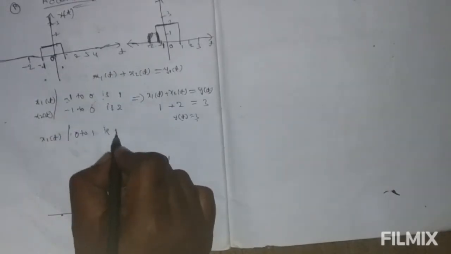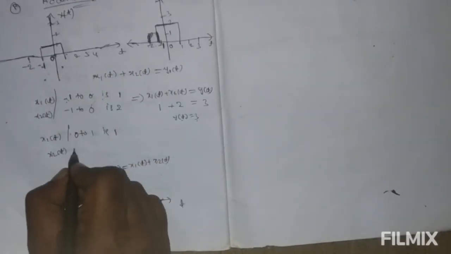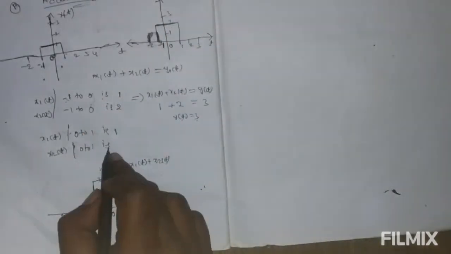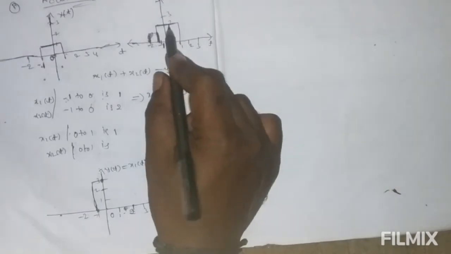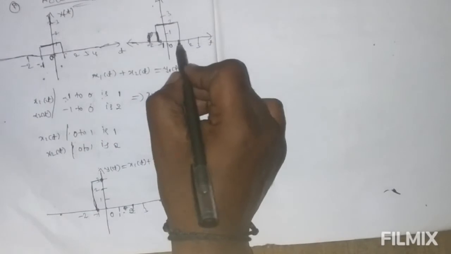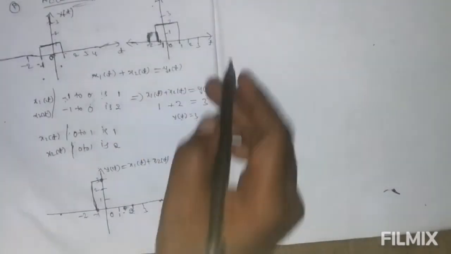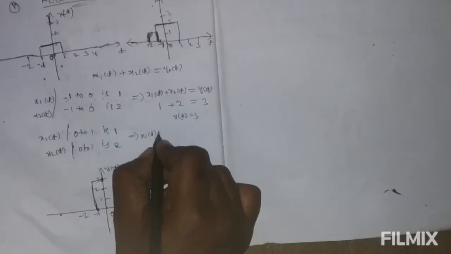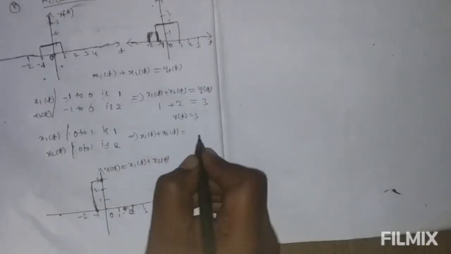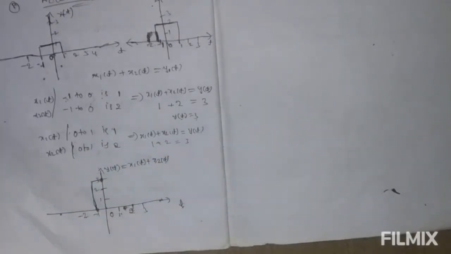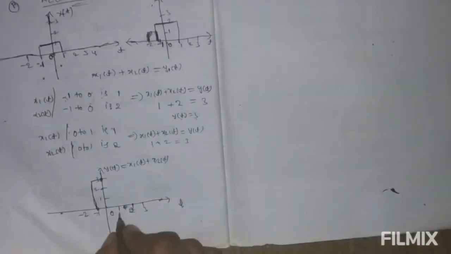Coming to 0 to 1, x1 of t is 1 and x2 of t is 2. Therefore the resultant addition of the two signals is y of t equal to 1 plus 2, which is 3.